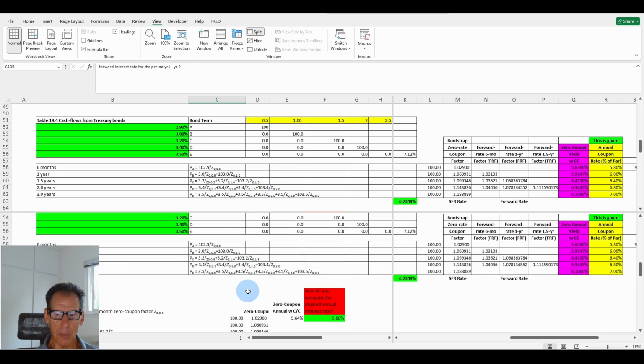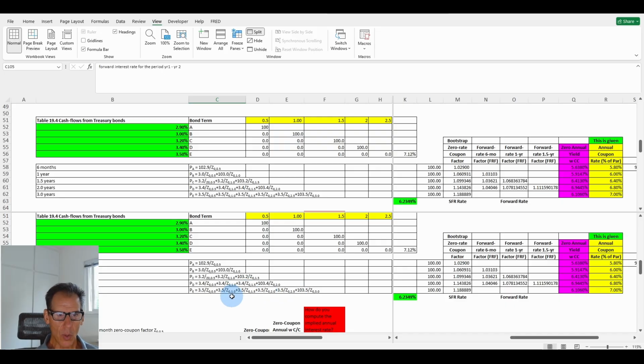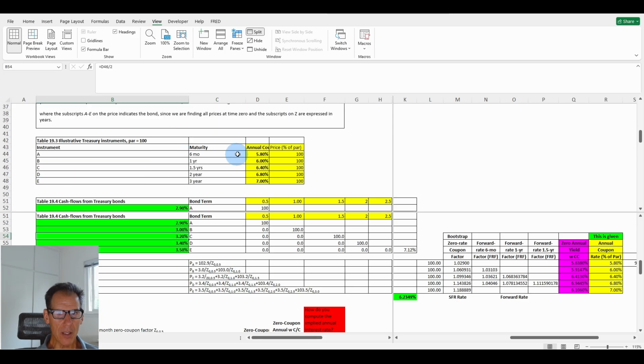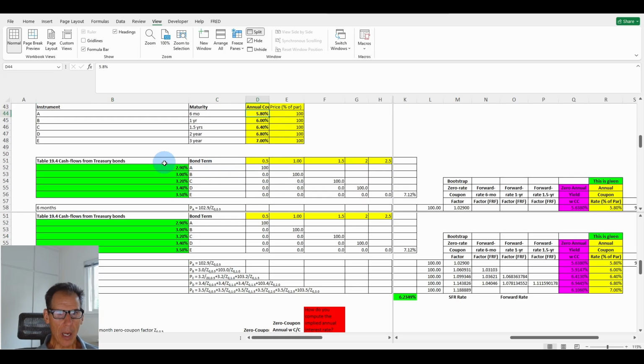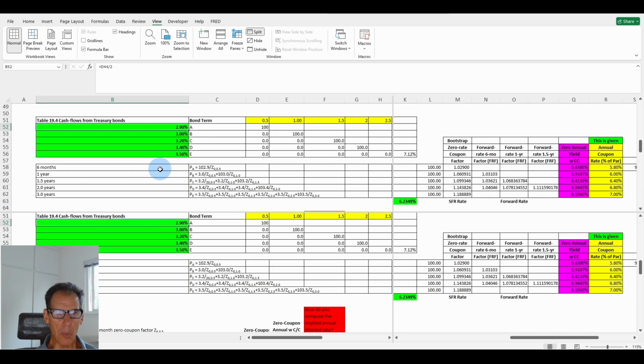This is an introduction to bootstrapping. It's sort of complicated in that there are so many different moving parts. We start off with this annual yield, then we break it down to cash flows, then we break it down to find the zeros, and then we break it down by term.